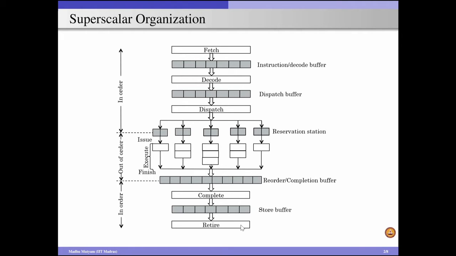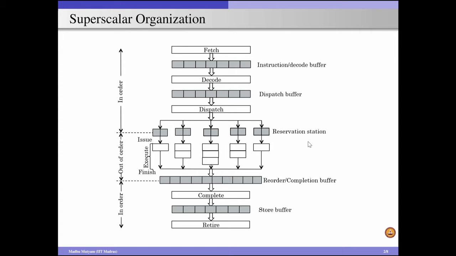So out of all these stages, for fetch, decode and dispatch we follow the program order, and for the completion stage and the retirement stage we follow the in-order, or program order, again. But for the execute stage we will go by the out-of-order fashion, because we can exploit instruction level parallelization at the execute stage. That is mainly because our processor may have multiple functional units and there may be independent instructions in the program.